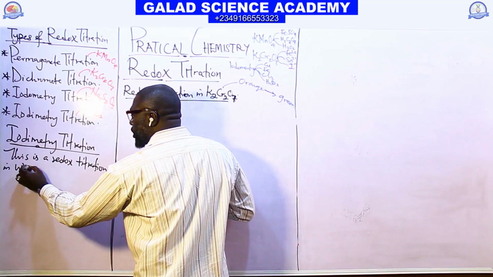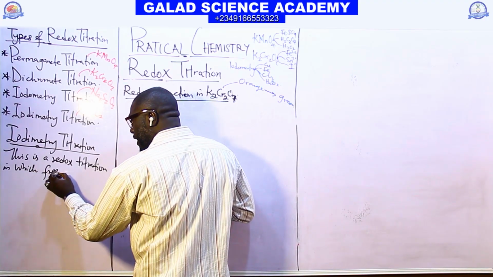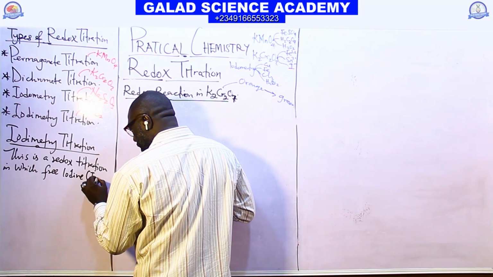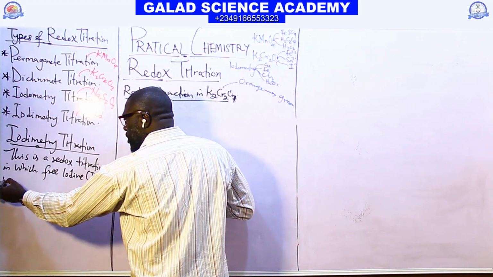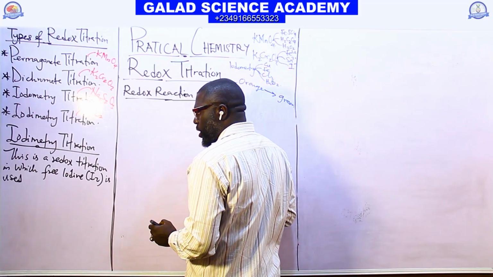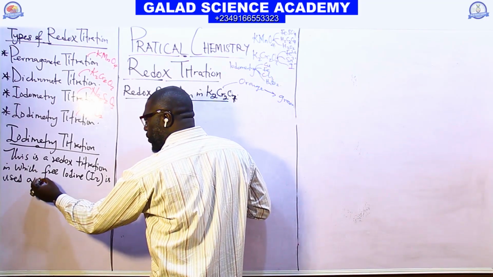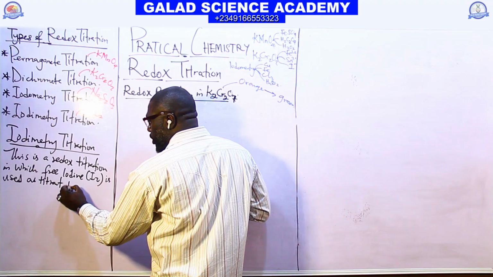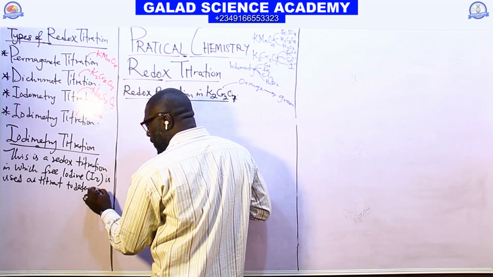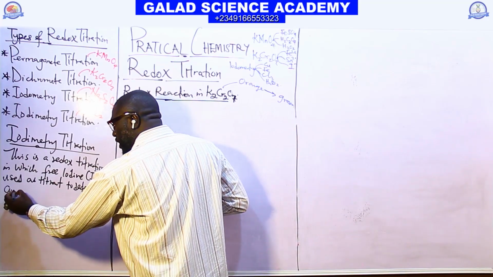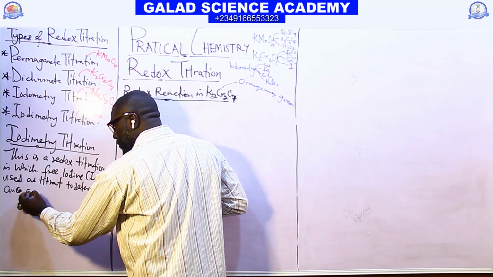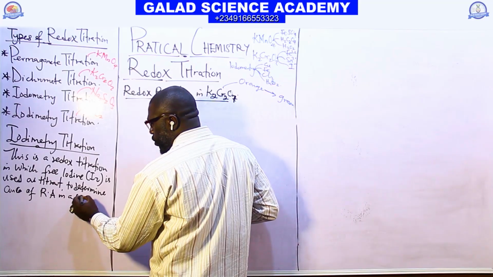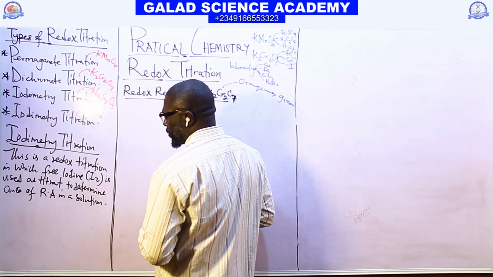So this is a redox titration in which free iodine is used as titrant to determine the concentration of reducing agent in a solution.